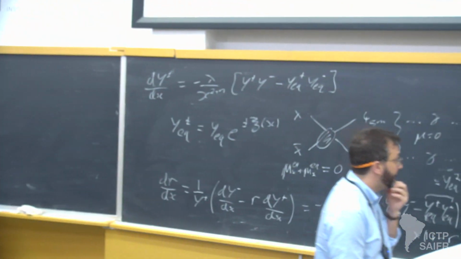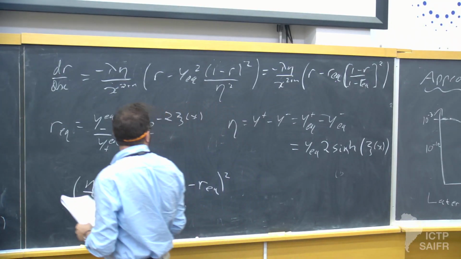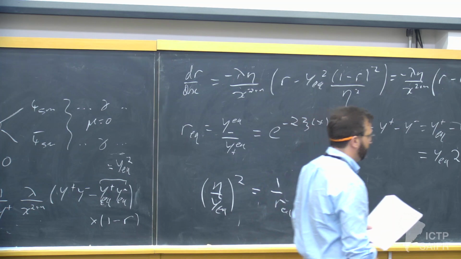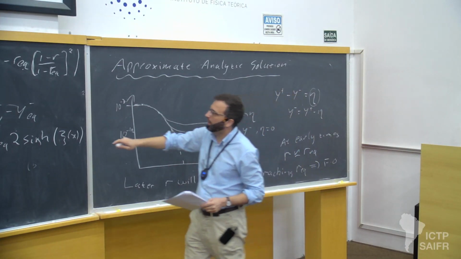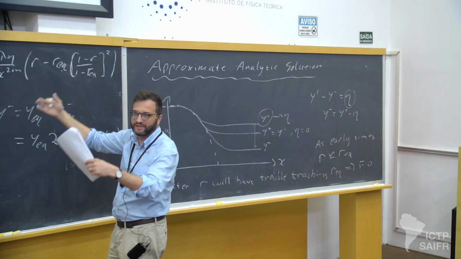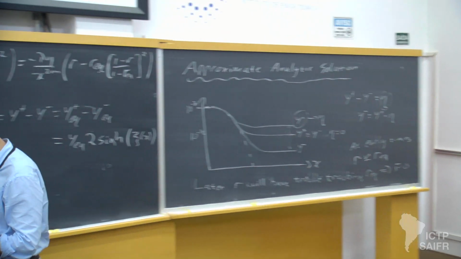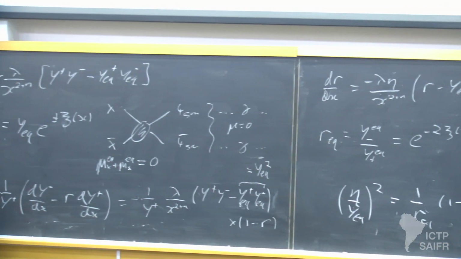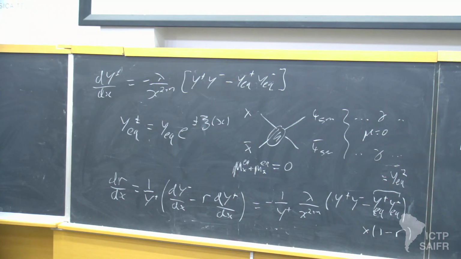So now we have this equation here. Now imagine we're past the freeze out point. So R has departed, we'll say significantly, by some order 1 factor from R equilibrium. What happens here? Basically, we can ignore this second term here.